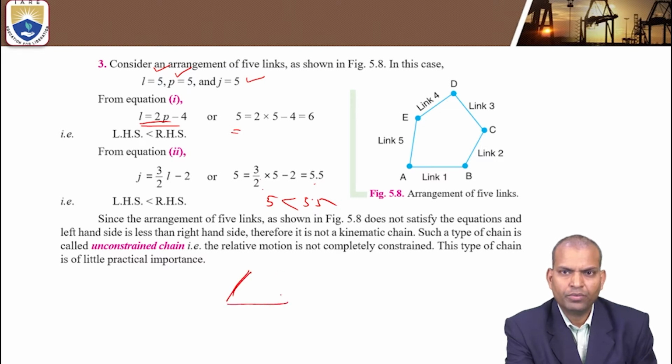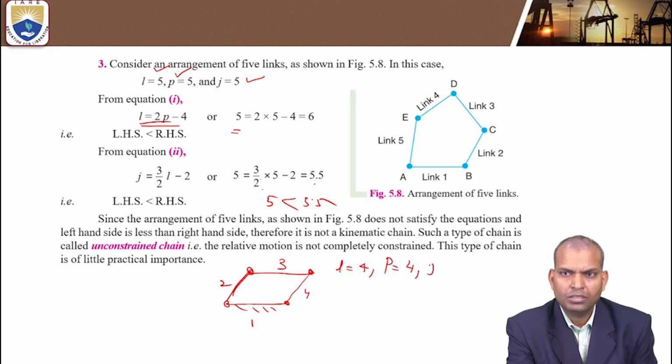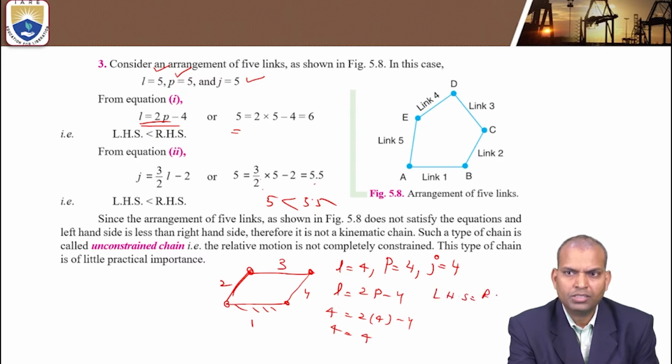So in the case of a 4-bar chain, 1, 2, 3, 4, so the number of links L equal to 4, number of pairs equal to 4, number of joints equal to 4. So what is L equal to 2p minus 4? L equal to 4, 2 into p, 2 into 4 minus 4. Then what will happen? 4, that is LHS equal to RHS.